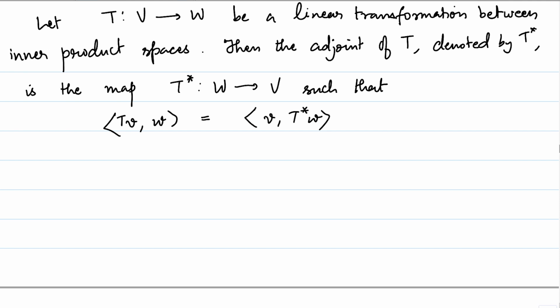We just showed by Riesz representation theorem that we can define such a map T star from W to V, and that map is called the adjoint of T.